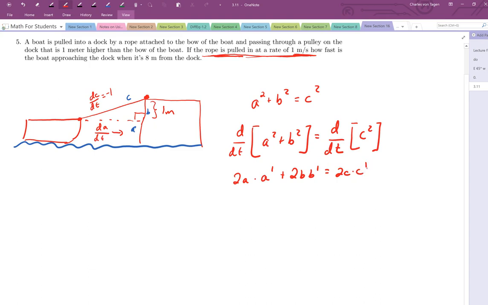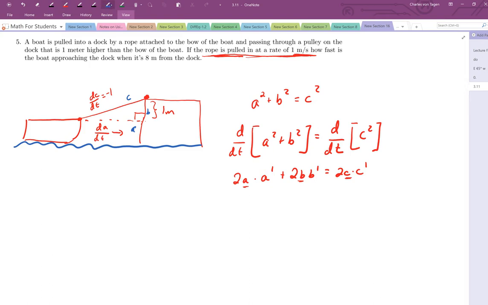Okay. Well, of these quantities, is there anything we can say to begin with? Let's just look at this. This is the distance the boat is from the dock, right? And this is the current length of the rope, and this is the height between where the boat will eventually dock and the height of the dock. And then we have our rates of change.